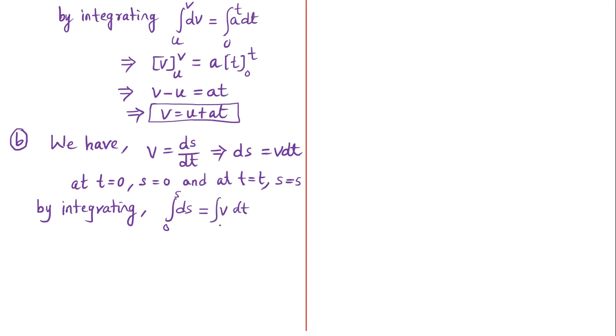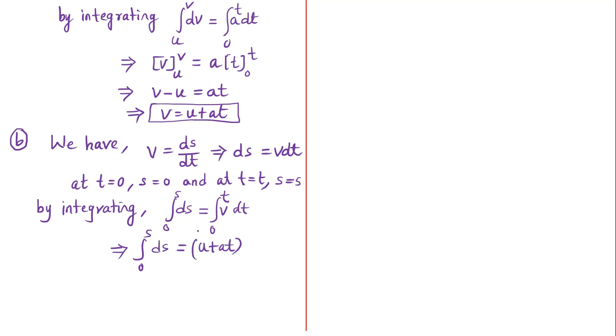The limit will be from 0 to t. But v is not a constant, so I can't directly take it out. So use the value of v. Already we have derived v equal to u plus at.